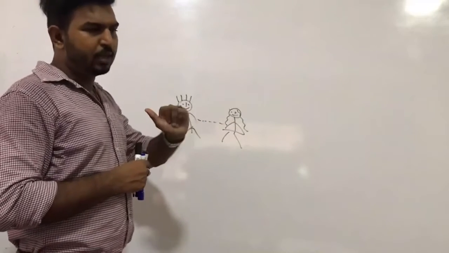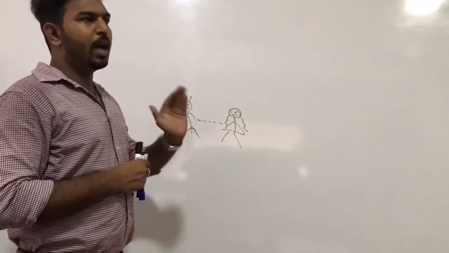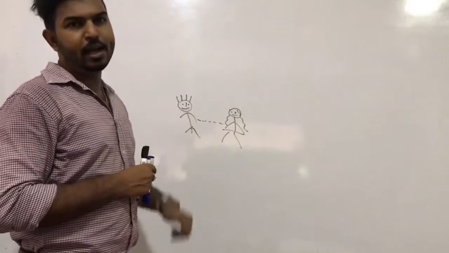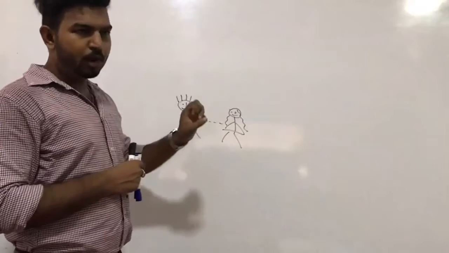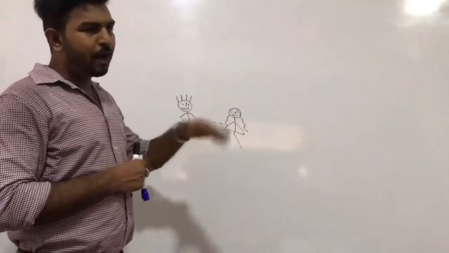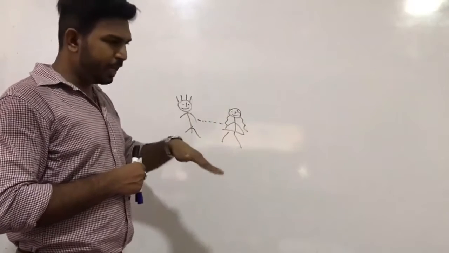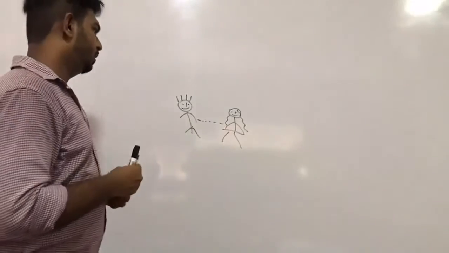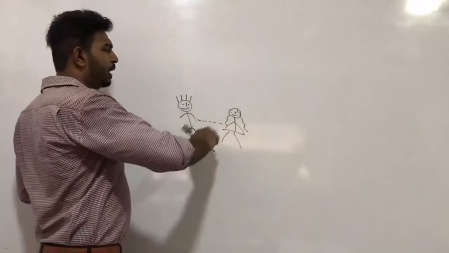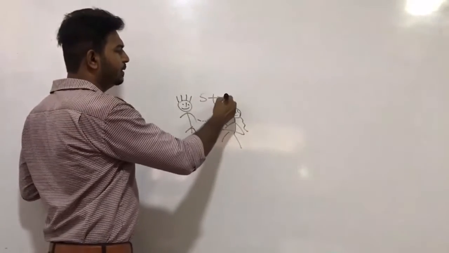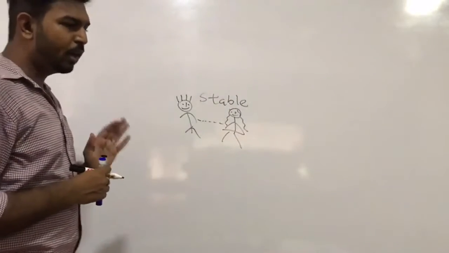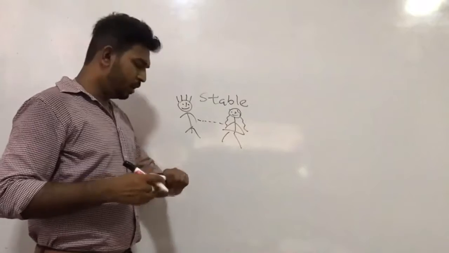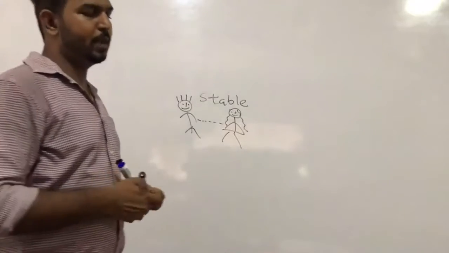Likewise, after getting bonded, atoms reduce their energy. Atoms without bonds have more energy, and after they get bonded, their energy is reduced. So all the atoms try to get bonded to be stable.